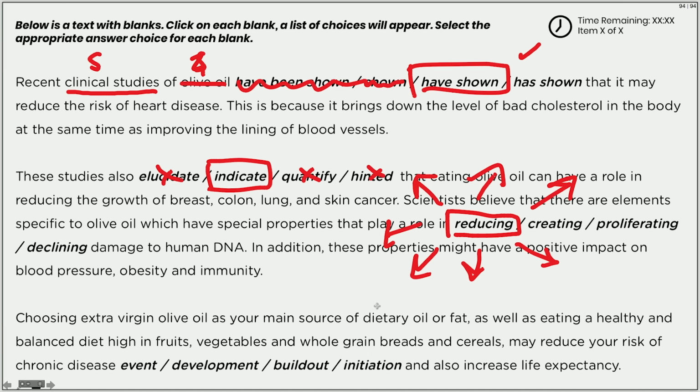Vegetables and whole grain breads and cereals may reduce your risk of chronic disease event, development, build out, or initiation. It's chronic disease development. It's reducing chronic disease development. So they are the correct answers. Have shown, indicate, reducing, and development.